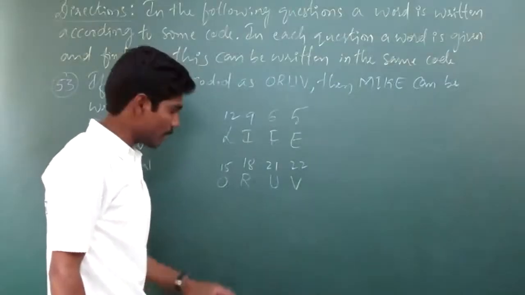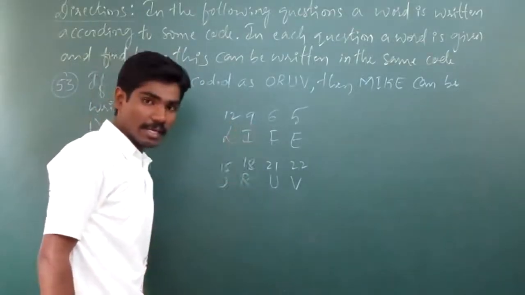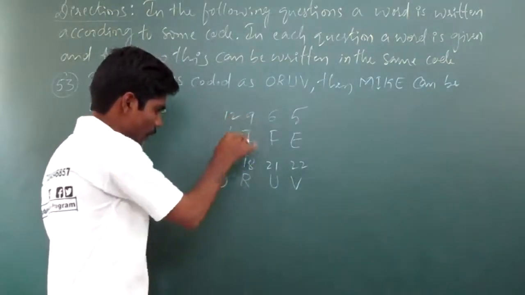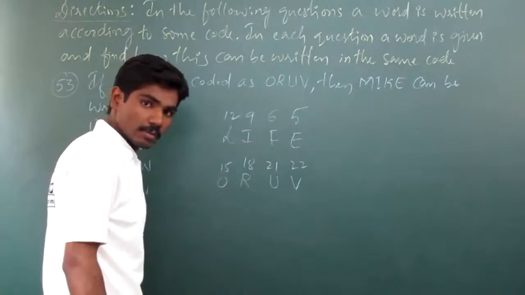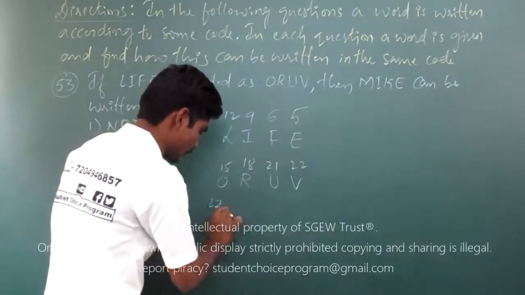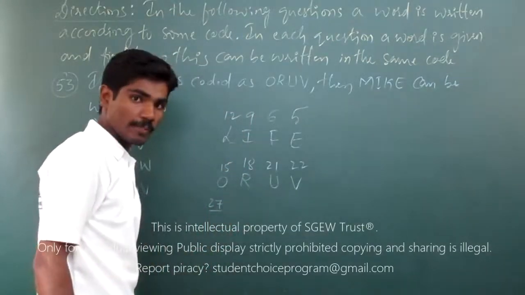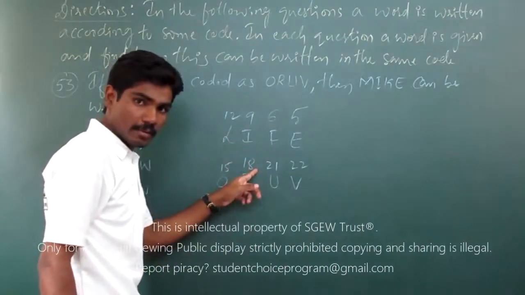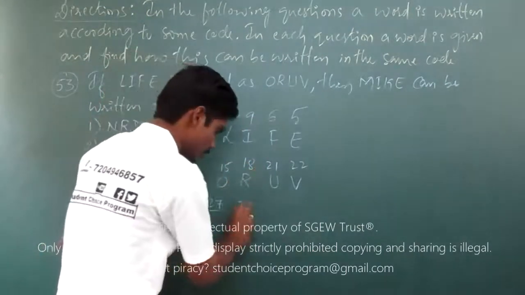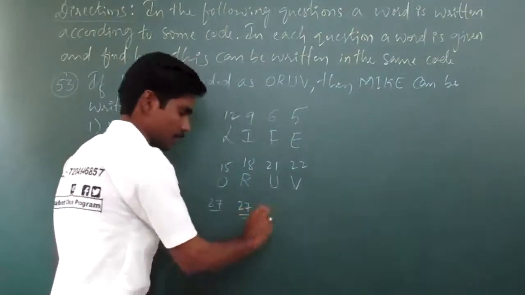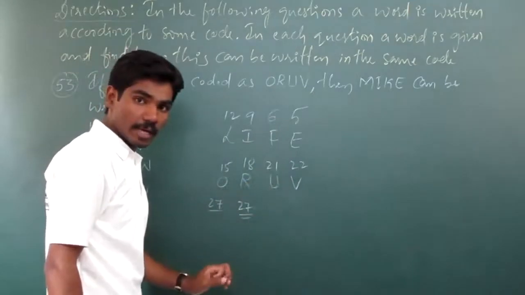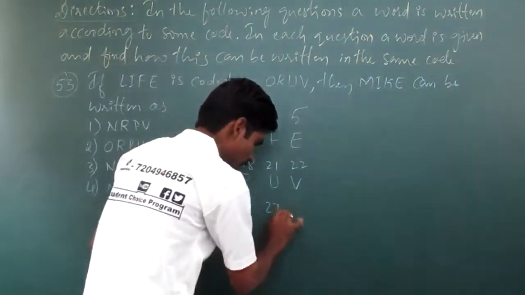Now we have to find the analogy between the given letters. Friends, look here. 12 plus 15 is what? It is 27. Now, 9 plus 18? Again it is 27. 6 plus 21, again 27.